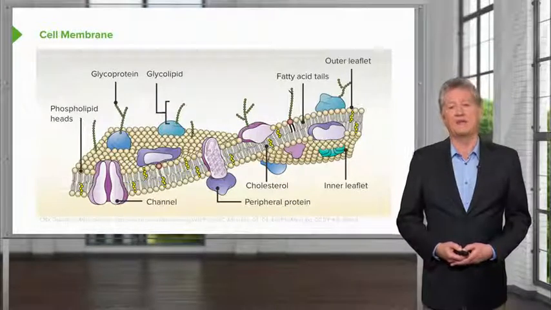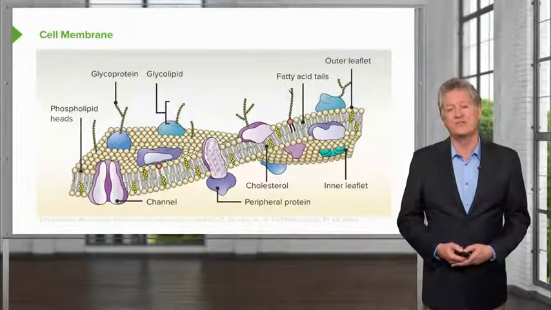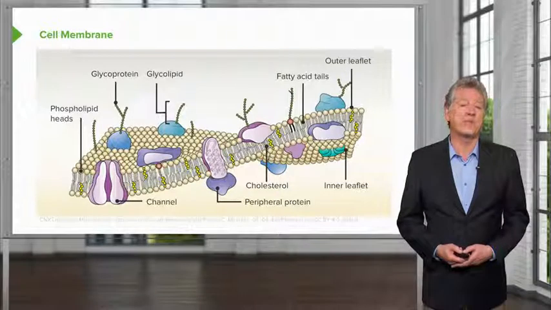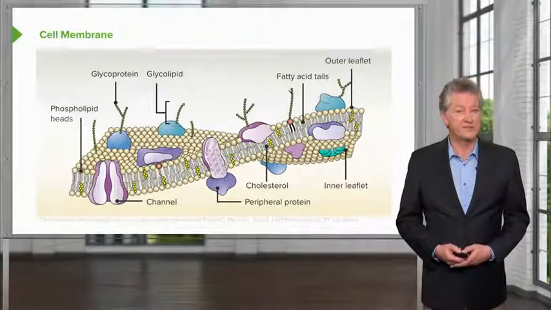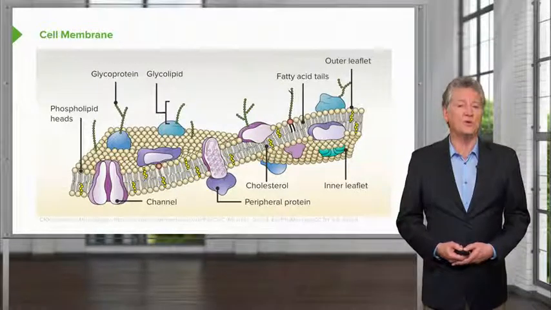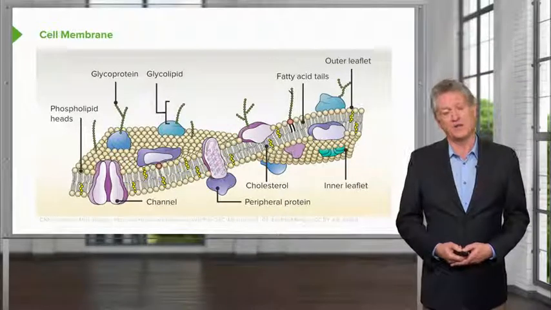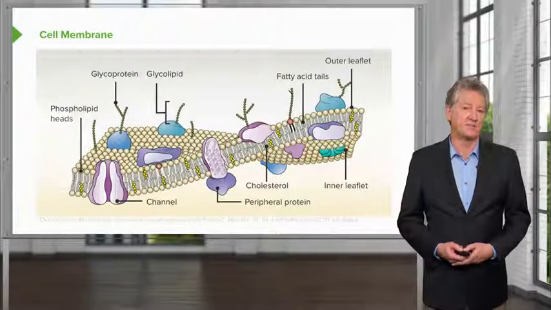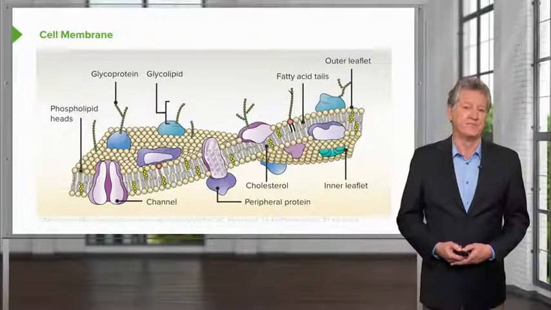Some of them act to hold cells together, to form intercellular junctions, and we'll see those when we look at epithelia in more detail in other lectures in this histology series. Some of the proteins also act to create pumps or channels to allow ions and molecules to go in and out of the cell. Other proteins serve as receptors.